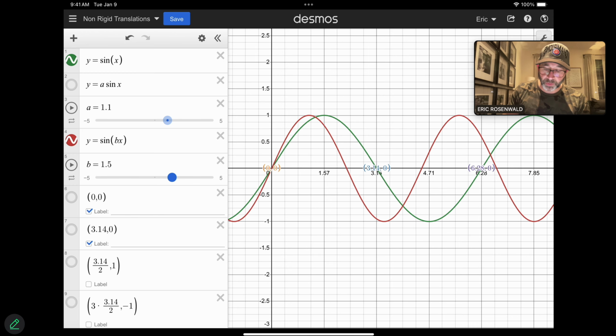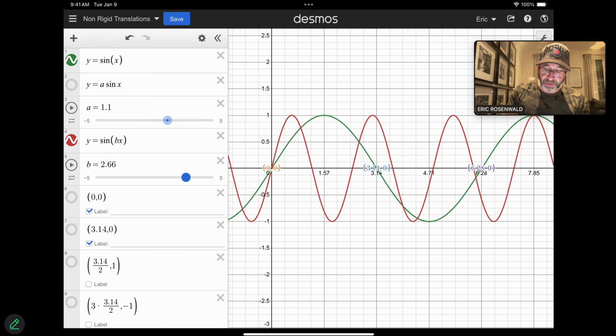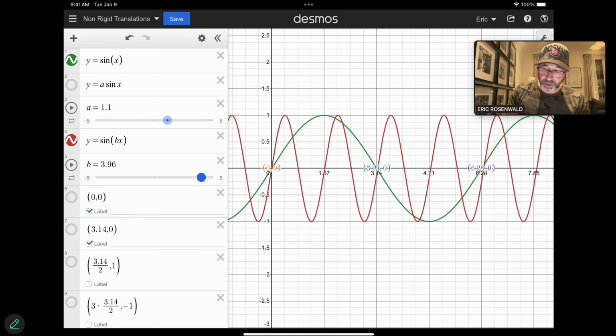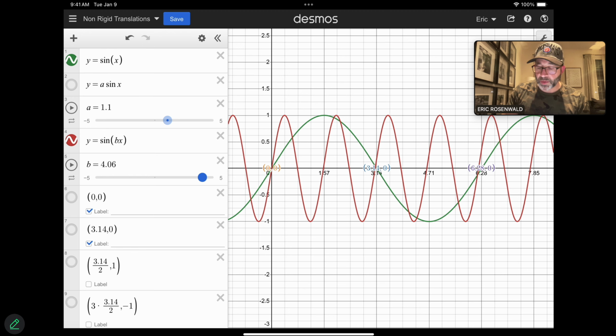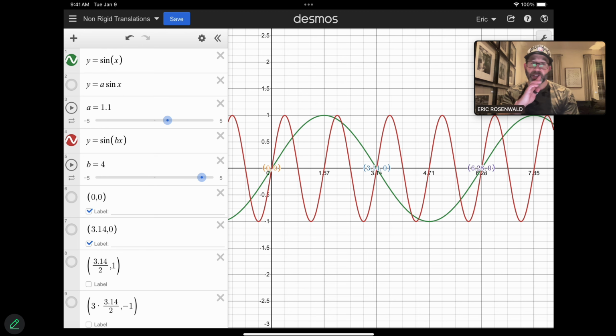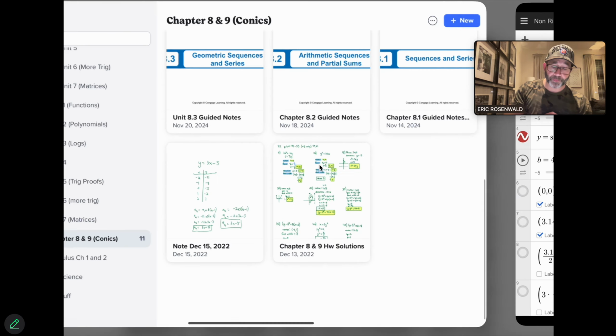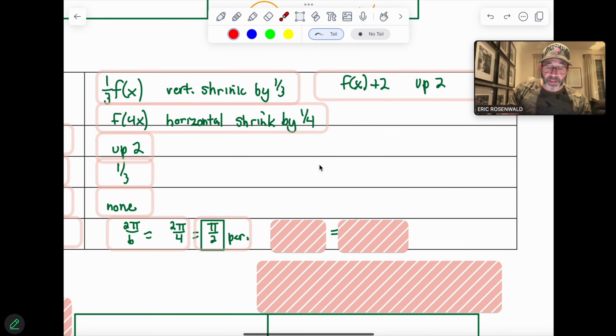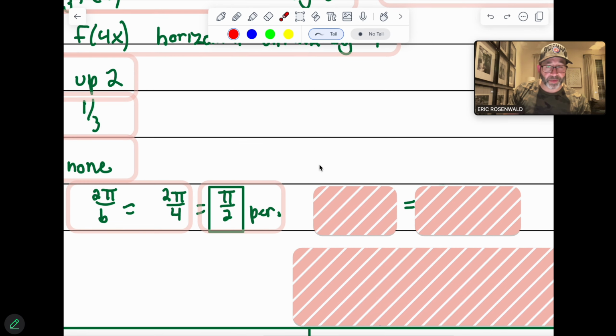I'm going to move it to a 4, and you can see it's getting absolutely smushed in. And what we see now is that it takes 1/4 as long. So in order to get through an entire wave here, it goes from 0 all the way through a wave, and it stops right here at 1.57, which is half of pi. Okay? And so there's that period. Now it's half of pi.